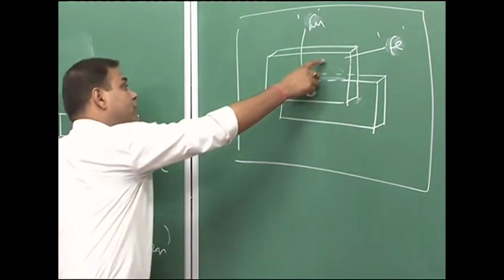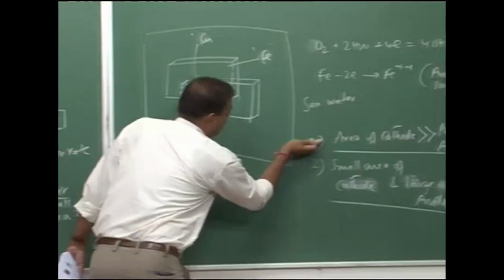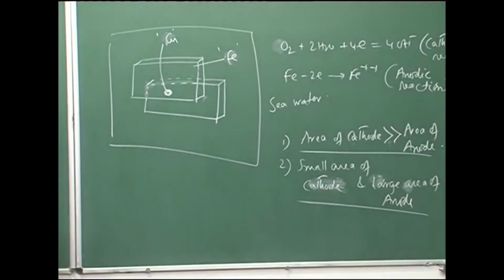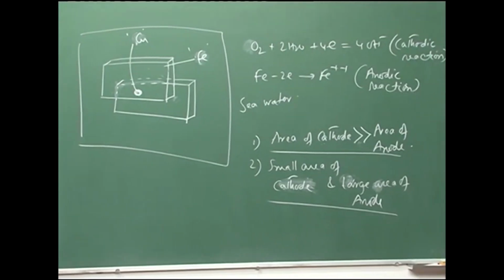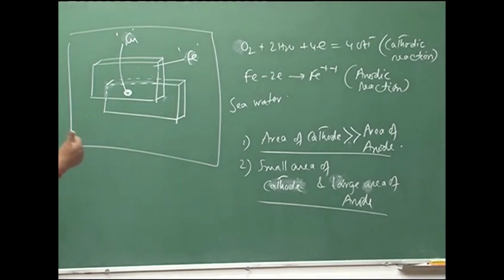Still the corrosion of iron plate would occur, but at a much slower rate compared to the situation where we have this. So, the main point is we have to have a situation where the area of the cathode should not be more than the area of the anode.